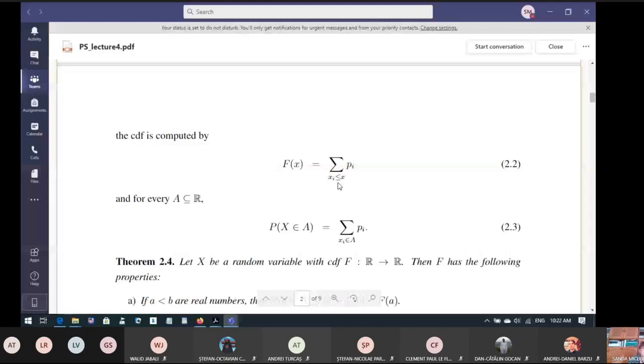And then those are simply going to be, like in the previous example, mutually exclusive events. So to get that probability, we'll simply add the corresponding probabilities. Again, which ones, which pi's? The ones corresponding to those values xi that are less than or equal to x. This is important to mention because when we get to continuous random variables, everything that is expressed in terms of sums in the discrete case will become an integral in the continuous case.